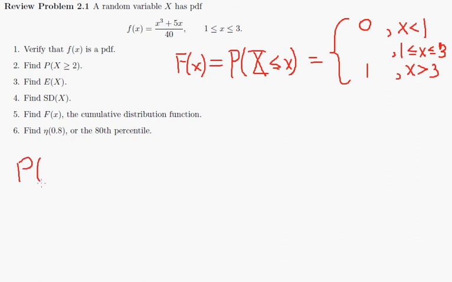The probability that capital X is less than or equal to little x. That's saying that capital X is somewhere between 1 and x. And so I integrate the PDF, and I use some other letter of the alphabet because little x has now been reserved as the right endpoint for doing this integral.